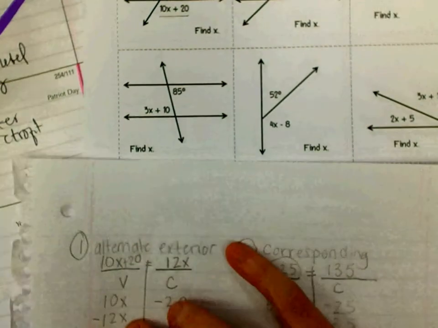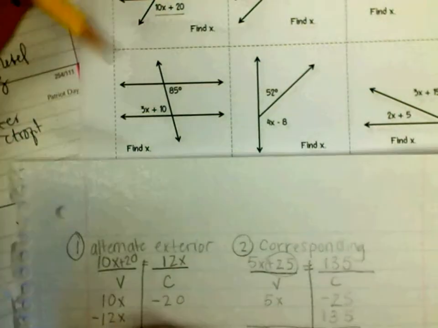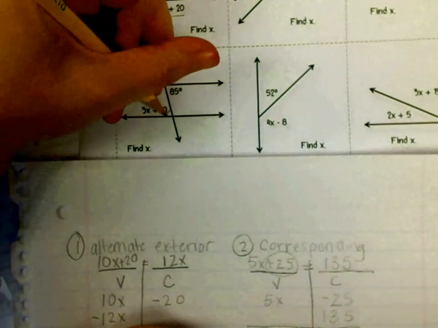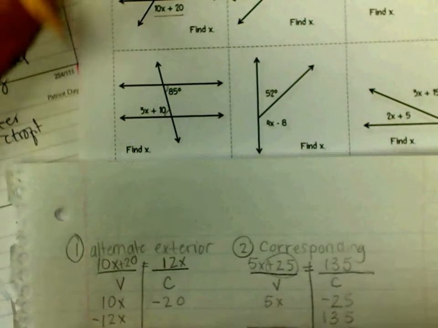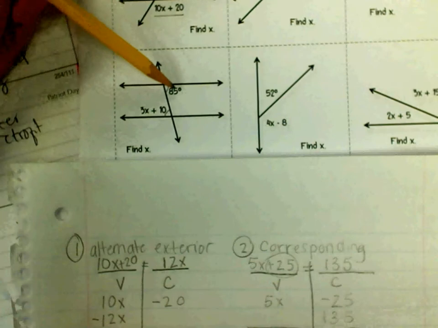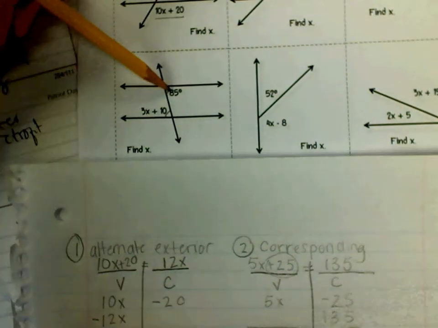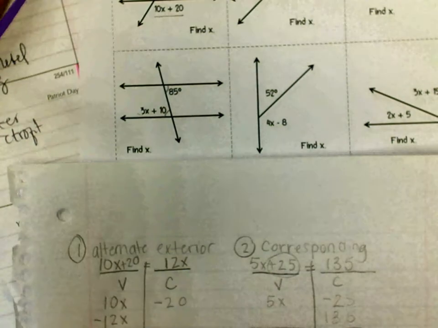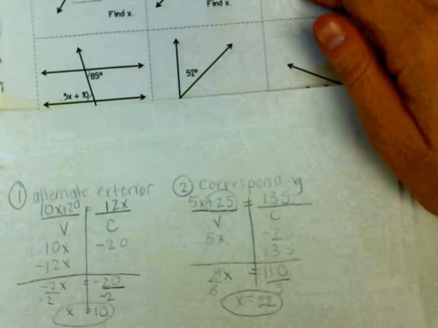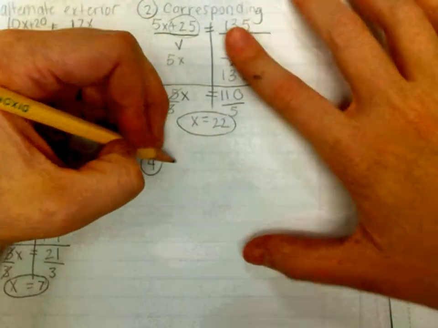Okay, love number 4. So number 4 has 2 angles, and they are both inside the parallel lines. So they're both inside the parallel lines, and they are on opposite, aka alternating sides of the transversal. So we call that alternate interior.